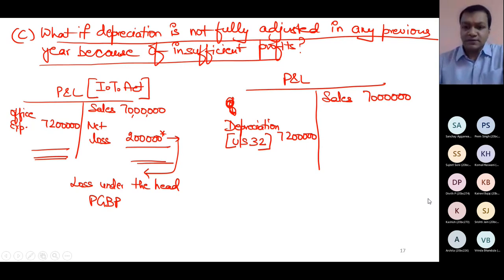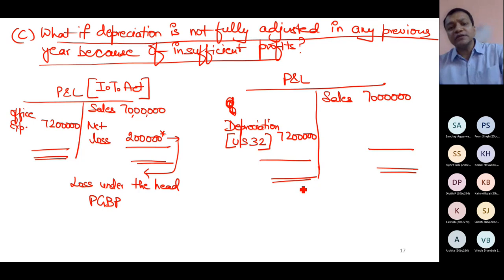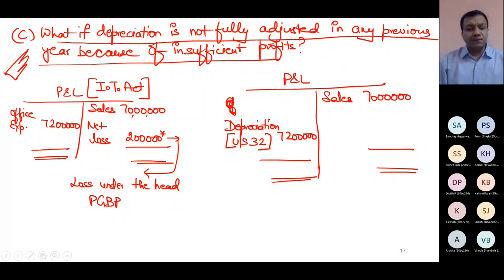Net loss? Suppose you don't know this C point, what you would have written here? Net loss 2 lakhs. You would have written net loss had I not told you C heading.